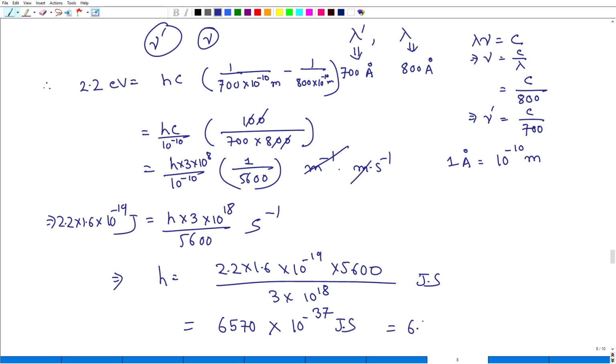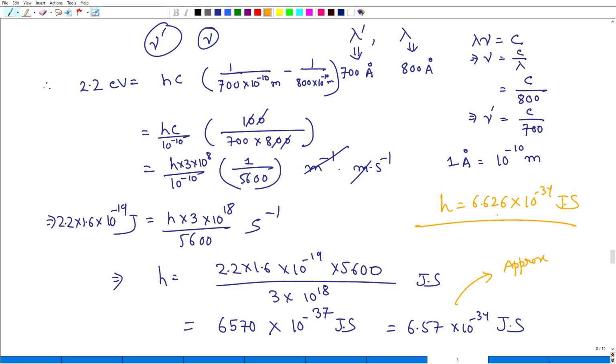So we can write it 6.57 into 10 to the power minus 34 joule second. So approximately, this is what we obtained by calculation. We know the value of Planck's constant is 6.626 into 10 to the power minus 34 joule second. So it's close, but this is actually just a tricky problem, I guess. Otherwise this is just a numerical problem, and we can do this kind of problem easily.